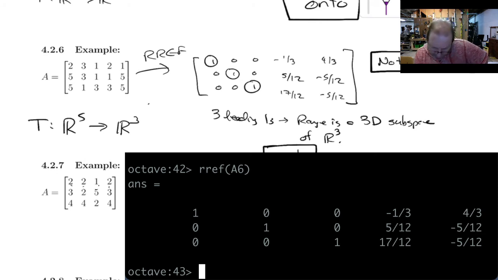Before we go to the next one, let's talk about why it's not 1 to 1. Well, what's happening here is it maps stuff from R5 to R3. So if you think about it, that really can't be 1 to 1 because you're taking everything from a 5-dimensional space and cramming it down into a 3-dimensional space. There's no way you can do that without some of the stuff running into each other.